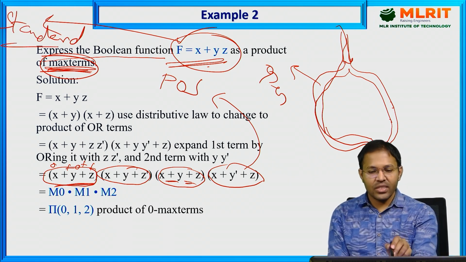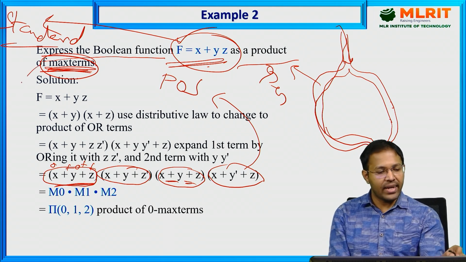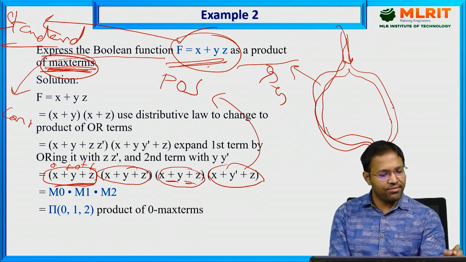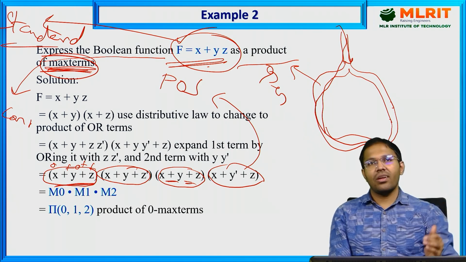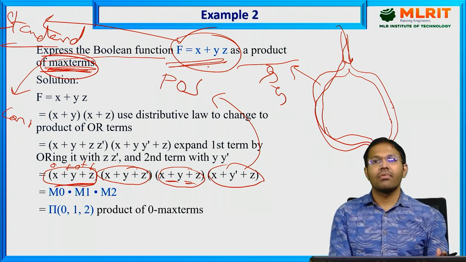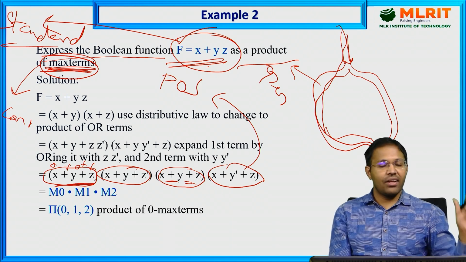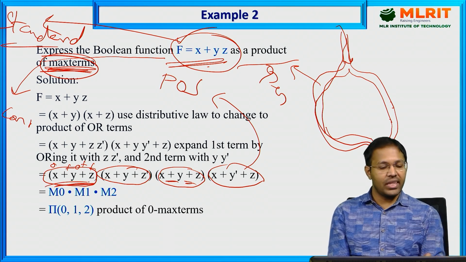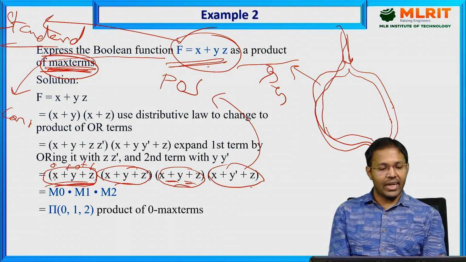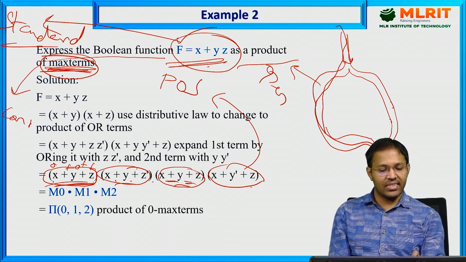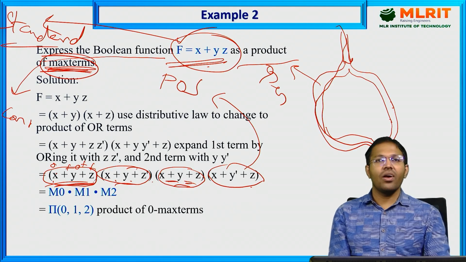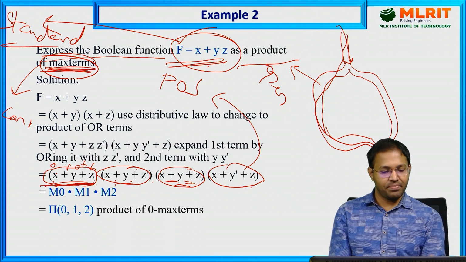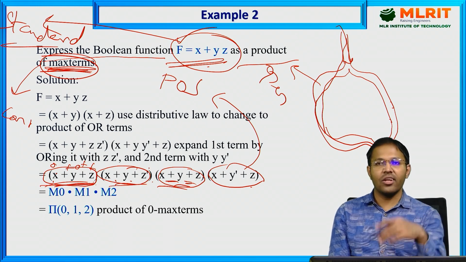They are asking us to write in terms of product of max terms, which means they want it in canonical form. The simplified version is always standard form, and canonical form contains all the terms. In this case we have x, y, z in each and every product term, each and every term within the values that you are performing the product operation on.